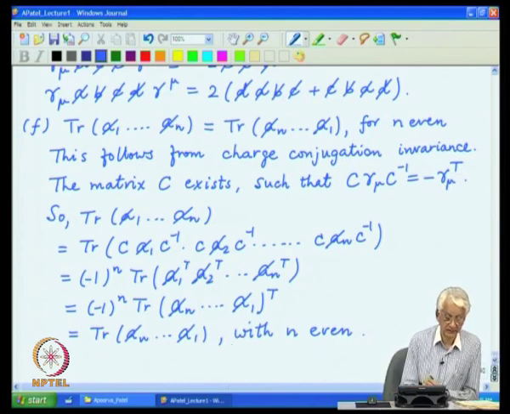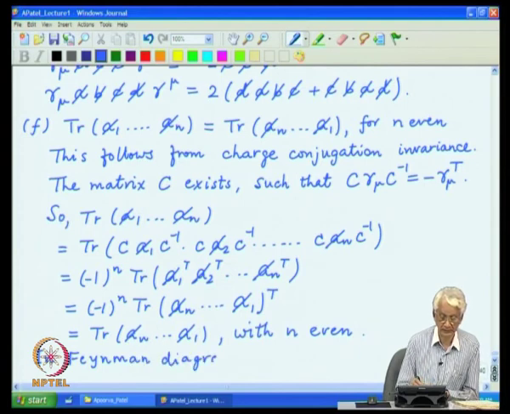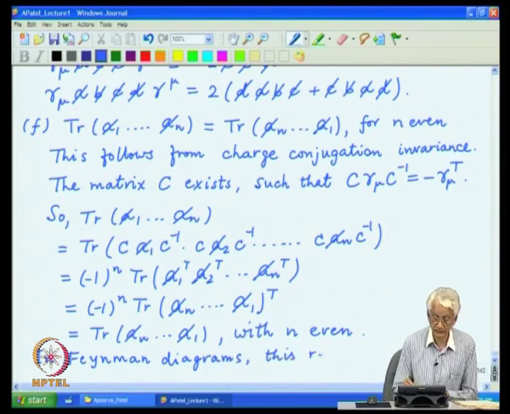Flipping of the direction of the arrow is equivalent to going from particle description to antiparticle description.